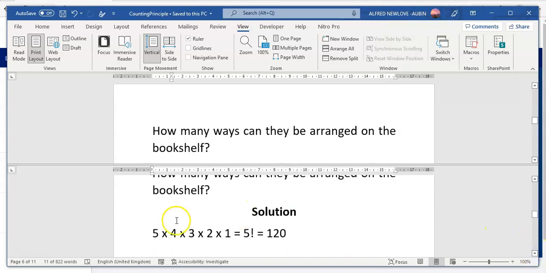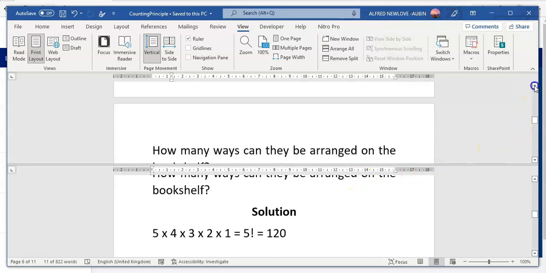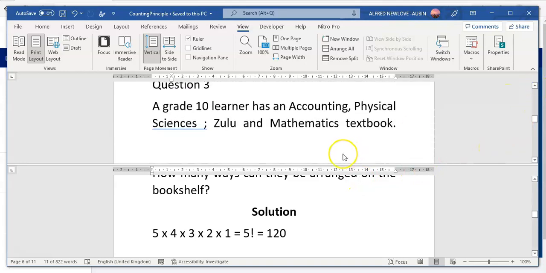So the first, we have 5. Why? Because we have how many books here? 1, 2, 3, 4. Accounting, physical sciences, Zulu, mathematics is supposed to be 5 books.